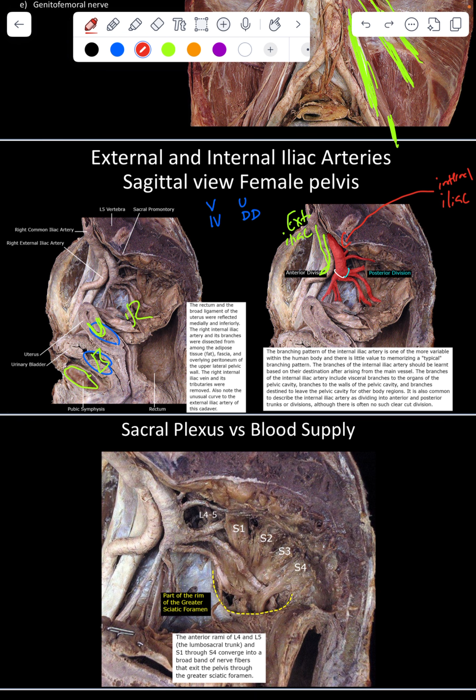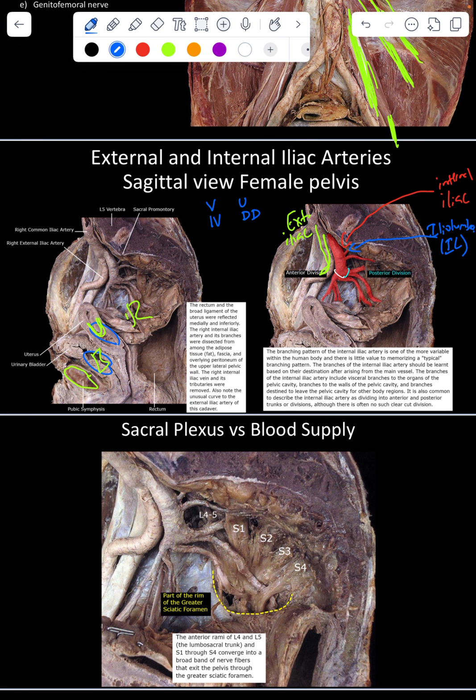So the posterior will first have an artery that's going to go up. It's going to ascend. That one is called iliolumbar, or IL.